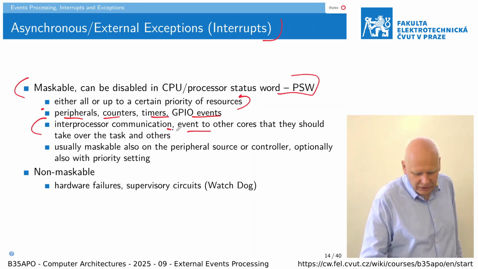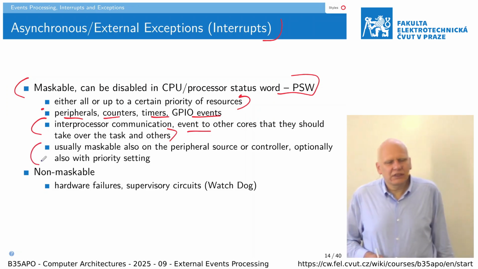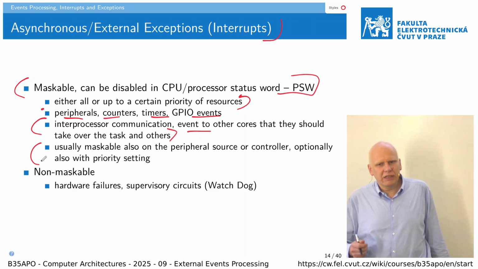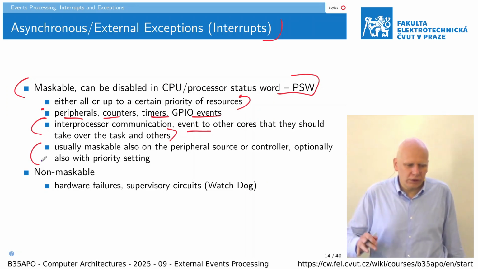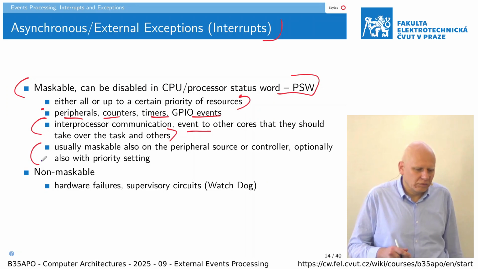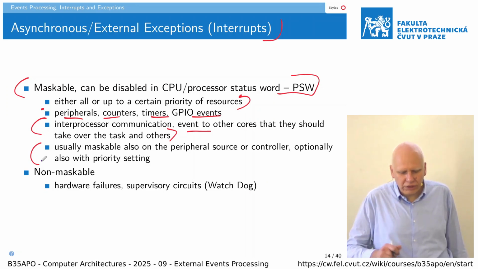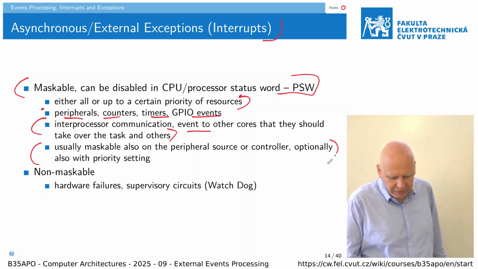So those are interprocessor communication, and most of those events are usually maskable even on the level of the peripheral. So you can configure the peripheral that it will run in the blocking polling mode, or you can allow the use of the interrupts from the given peripheral.